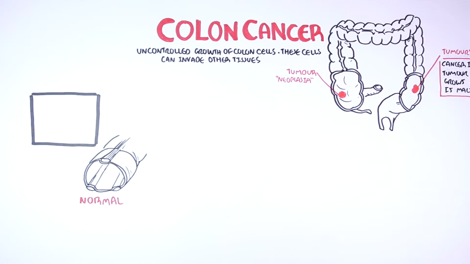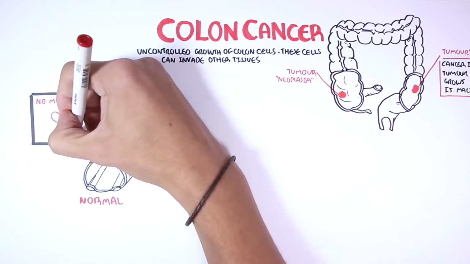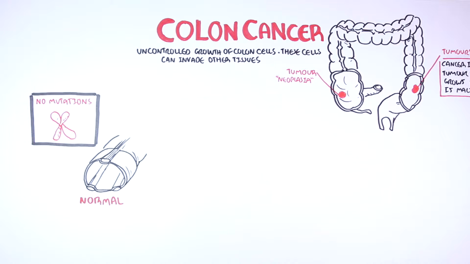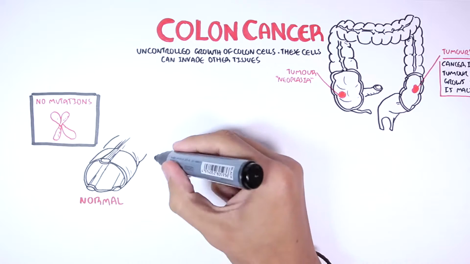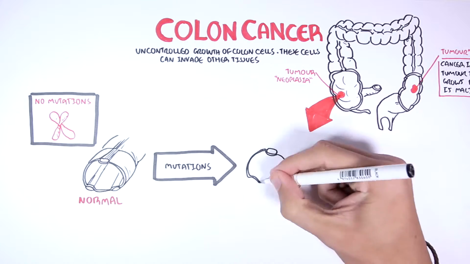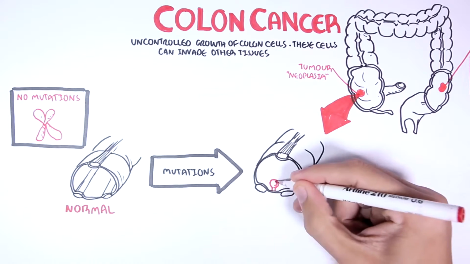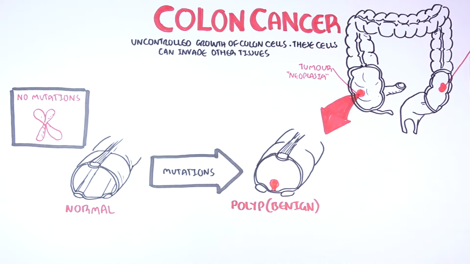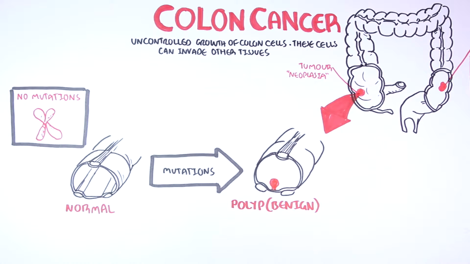The chromosomes, the DNA of this normal colon, have minimal to no mutations, and so it is quite healthy. However, mutations can and do occur in our body. And so this normal colon can develop a benign polyp. A polyp is a tumor, but it is not cancerous because it is benign.